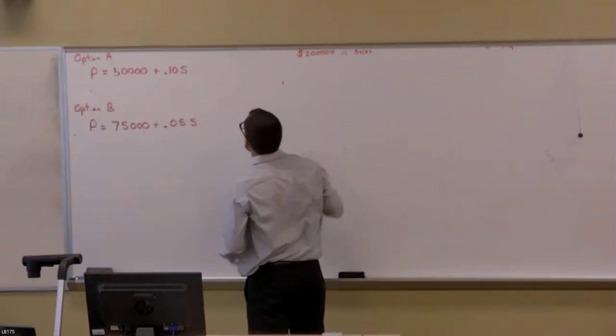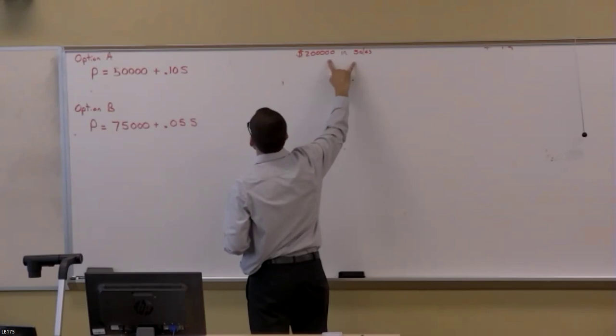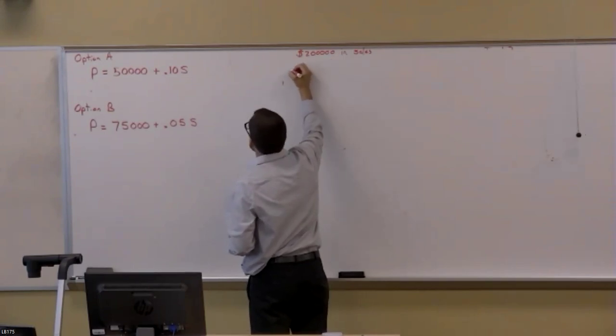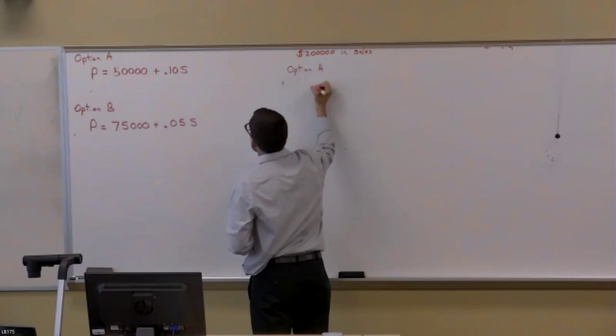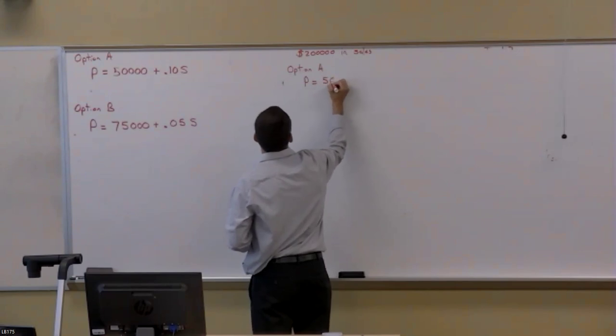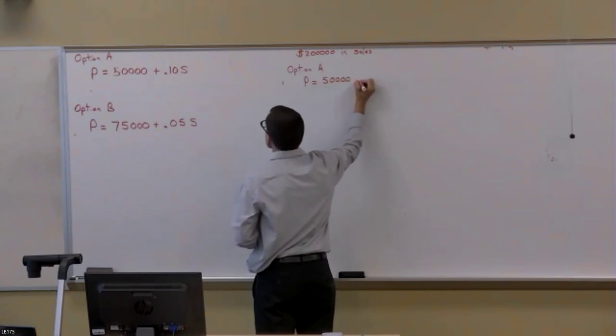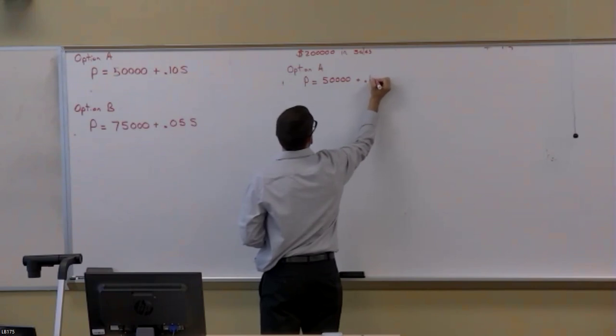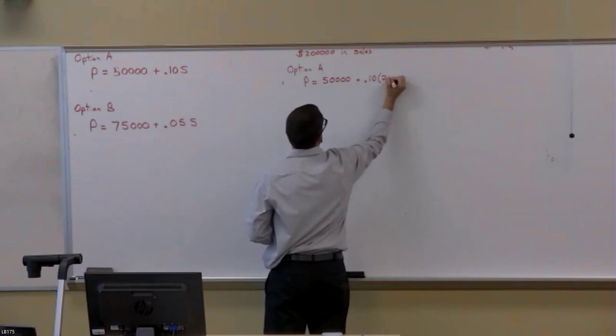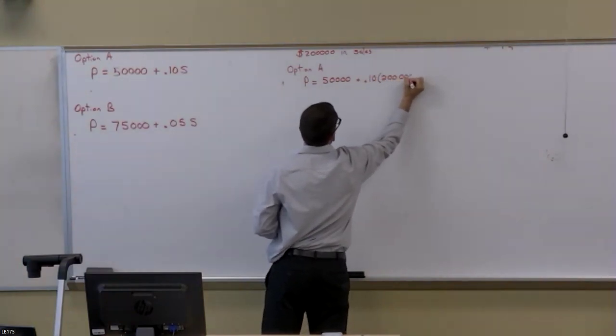So if we want $200,000 in sales and we want to figure out what the payout is, option A, we're just going to say that the $50,000, we have to take 0.10 and multiply it times 200,000.